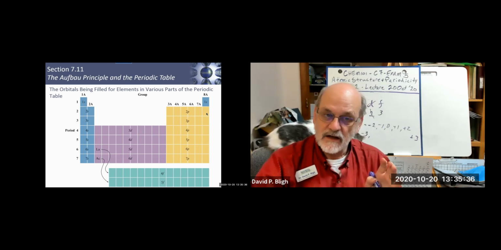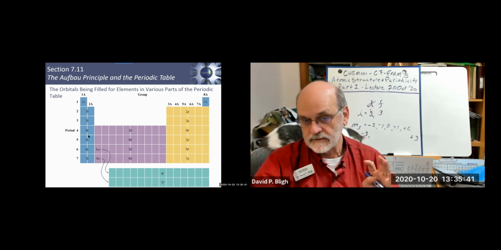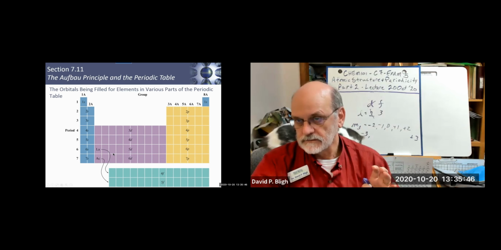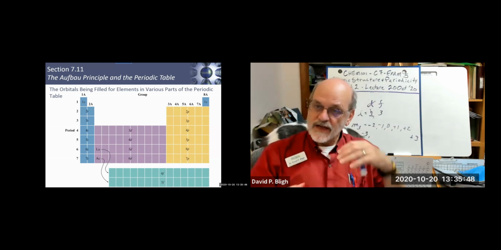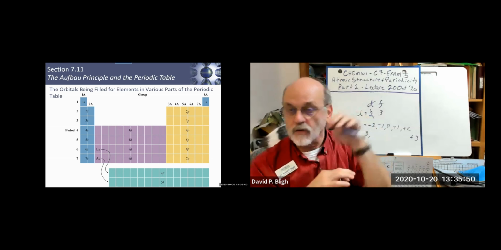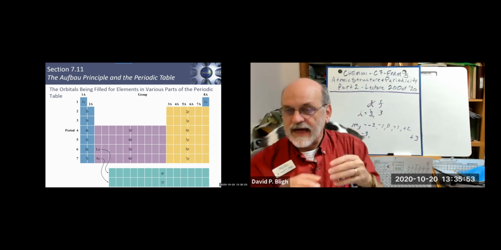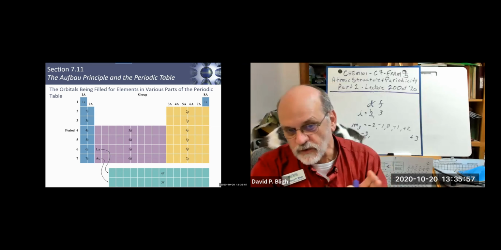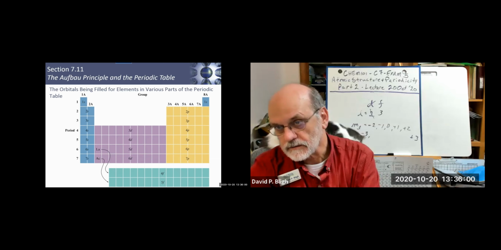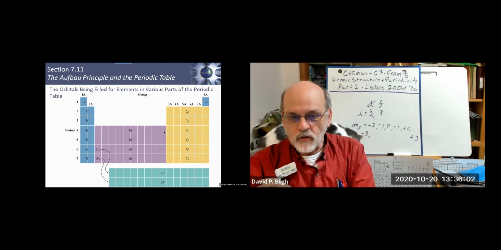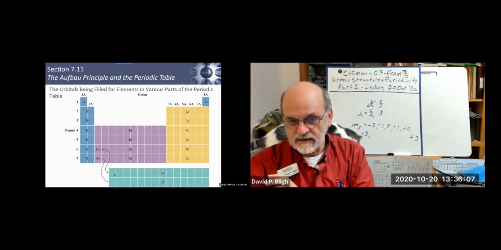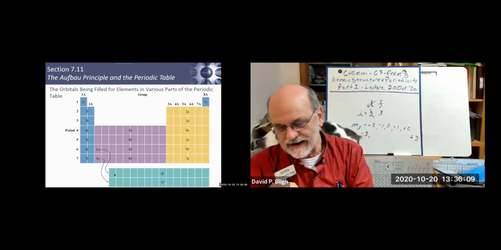On the left-hand side, only the s orbitals are filled for these, the alkali metals and alkaline earths. And then the transition metals are all filling d orbitals. In other words, everything below that is already filled, and now we're adding electrons into the d orbitals going across from left to right. And then, of course, for the f orbitals, the lanthanides and the actinides, which fit right in here.